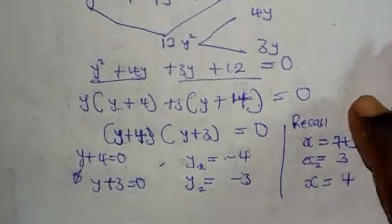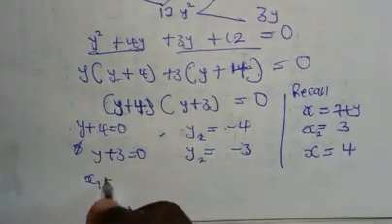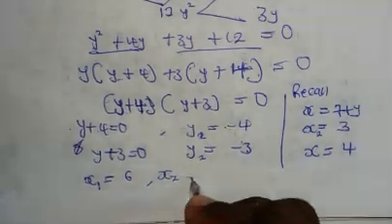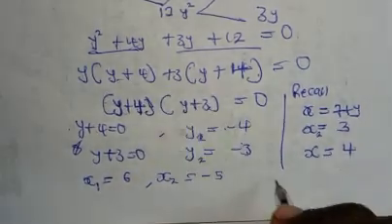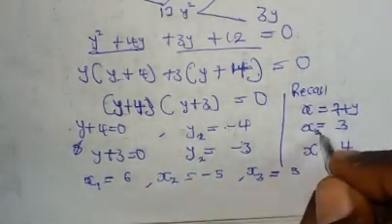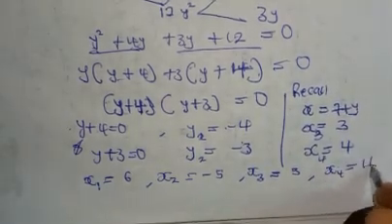So let's list out all the values for x and y. Starting with x, x1 is equal to 6, x2 is equal to minus 5, x3 is equal to 3, x4 is equal to 4.